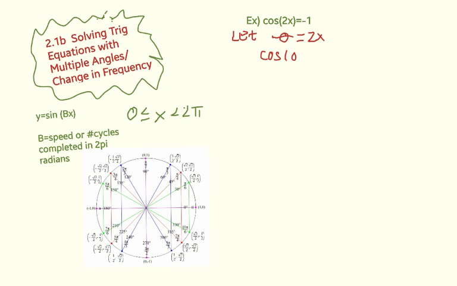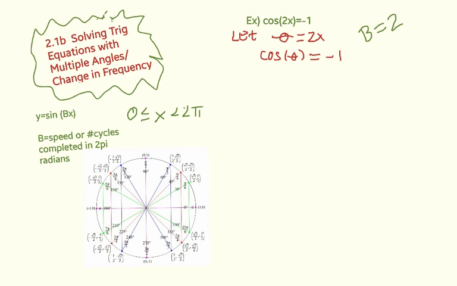Once you get a hang of this, there's no reason for you to have to do this, but until we hit that point, we want to give ourselves something that's easier to think about. So really, this is similar to solving the equation cosine theta equals -1. Now here's our difference. Our b value in this equation is 2.